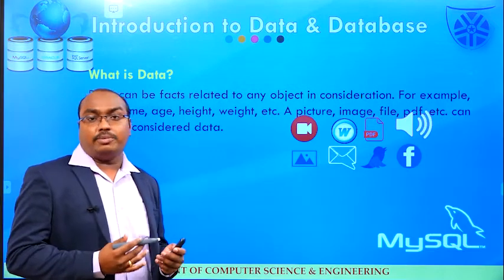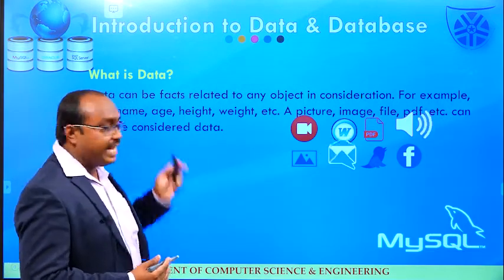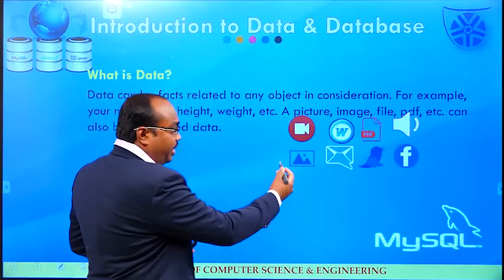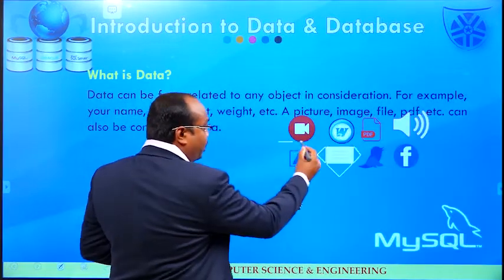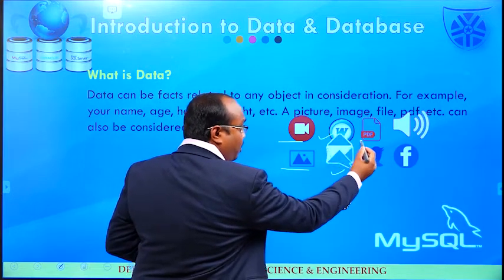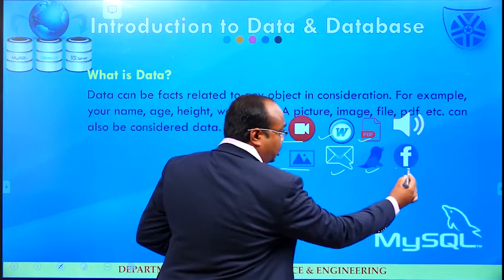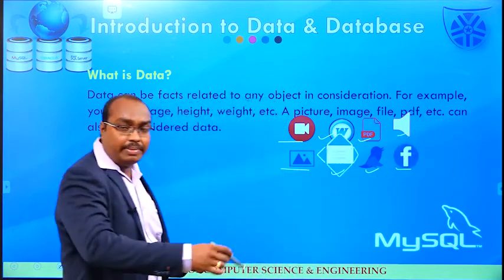Any fact that is stored in a particular area is called data. Data can be in different formats like video data, image data, email data, word data, audio data, and social media data.